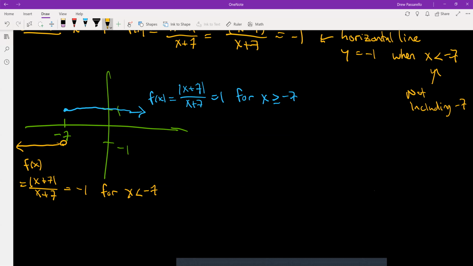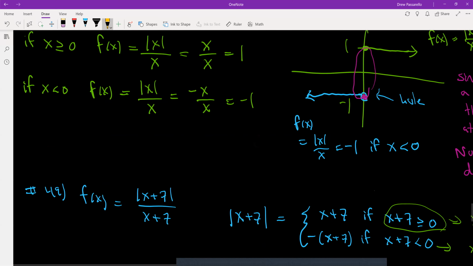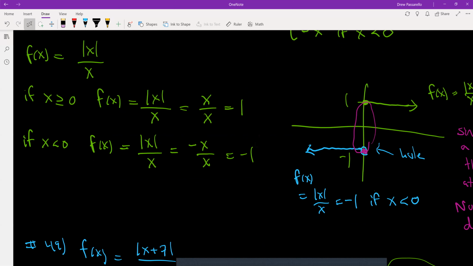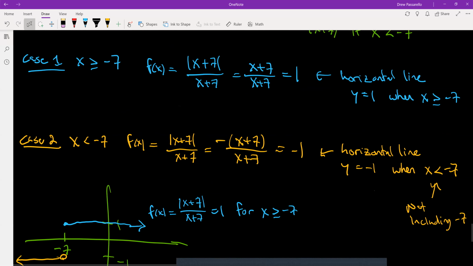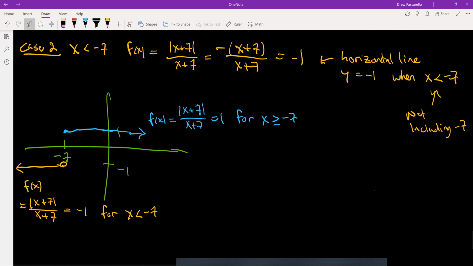And you'll notice, just like in the simplified version, I still have a gap or a break in the graph, just like I have this break in the graph for this one.